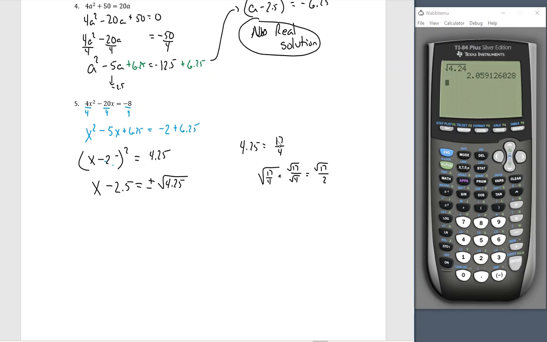4.25, if we rewrite it in fraction form, we get 17 fourths. And if you're unsure of how to do that, maybe if I entered the values correctly, the square root would turn out better. It would not. 4.25, math, answer to fraction, 17 fourths. The square root of 17 fourths is the square root of 17 over the square root of 4.